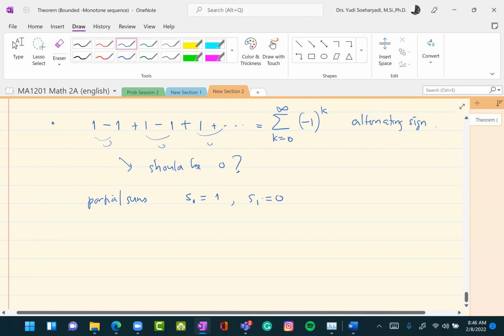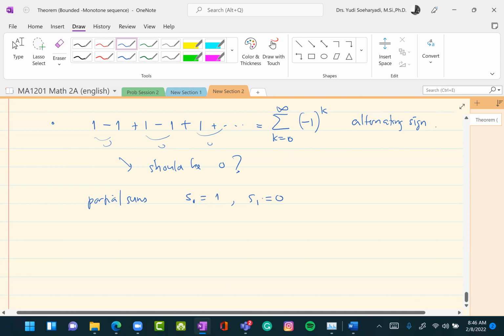Equivalently, this is an if-then statement: if this, then this one. A statement equivalent to this one is: if this is not true, then this is not true. So if we find that the limit of the terms is not 0, then the series is divergent.